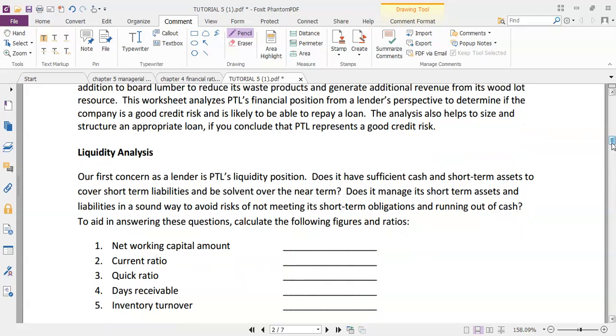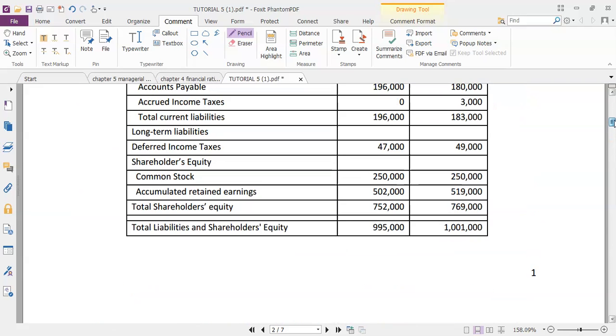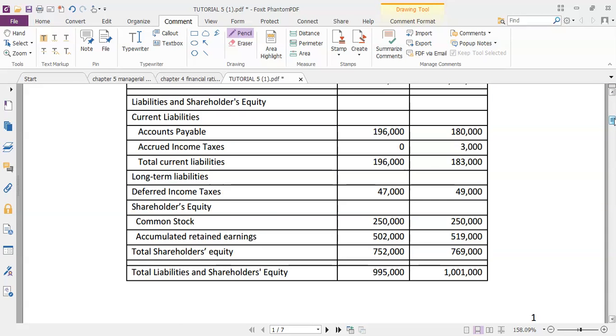Okay, net working capital amount. So how much is the net working capital amount? If you look at the balance sheet, can you try to answer? How much is the net working capital amount? So look at the balance sheet there. Which one is the net working capital?